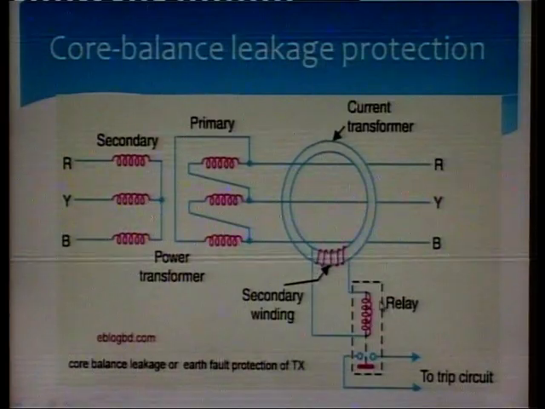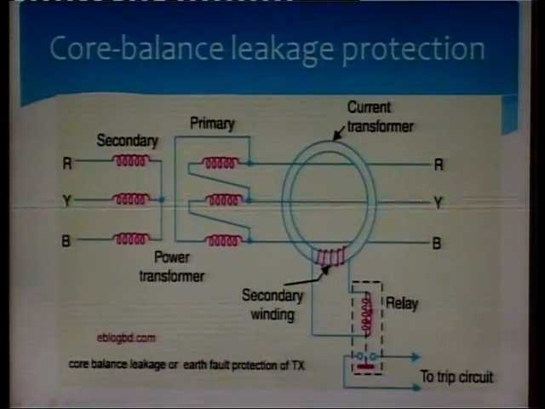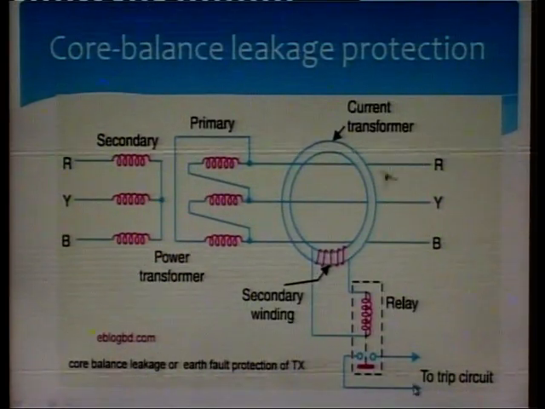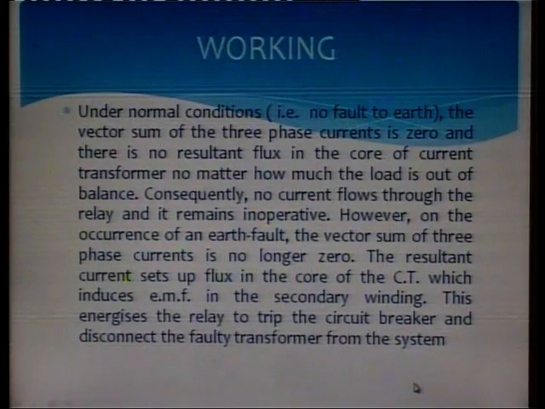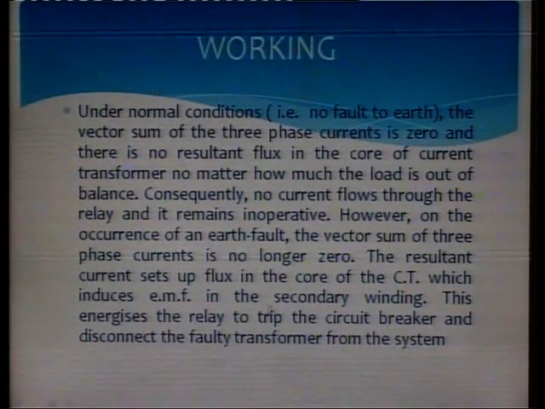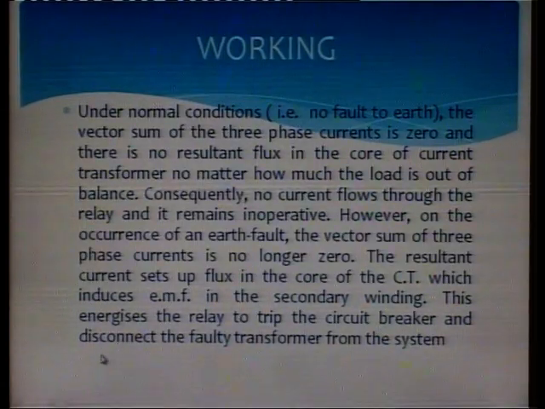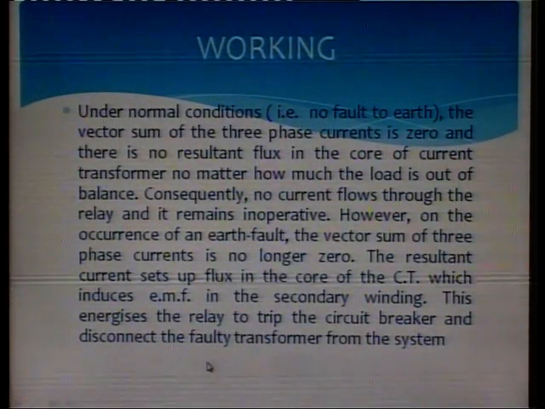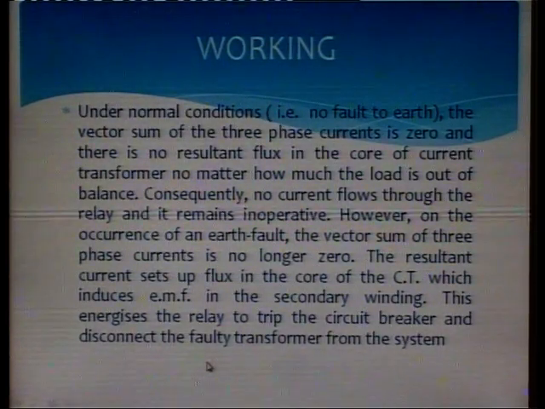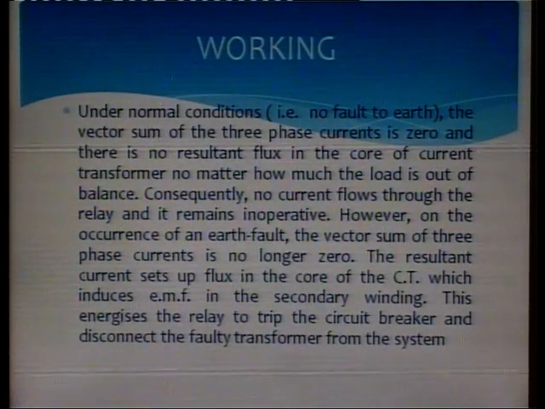So, when the relay coil gets energized, it will give a signal to the trip circuit. So, this energizes the relay to trip the circuit breaker and disconnect the faulty transformer from the system. So, in this way we can disconnect the faulty transformer from the healthy system.